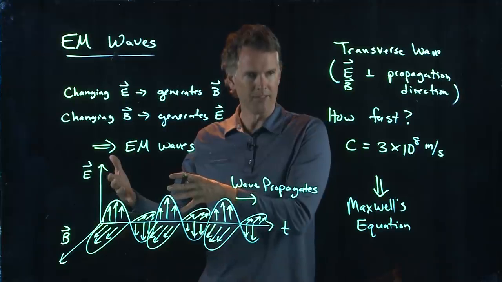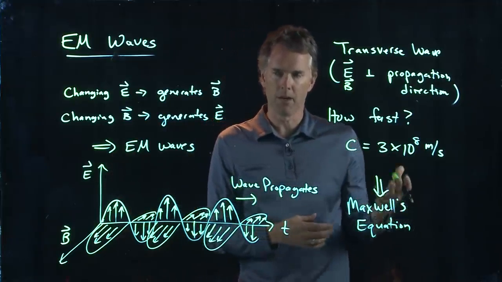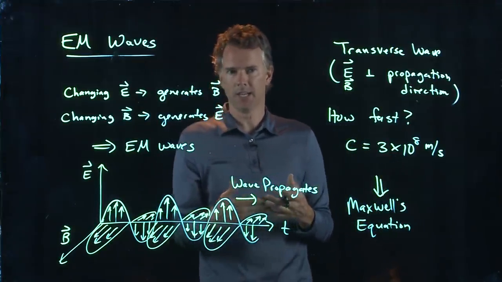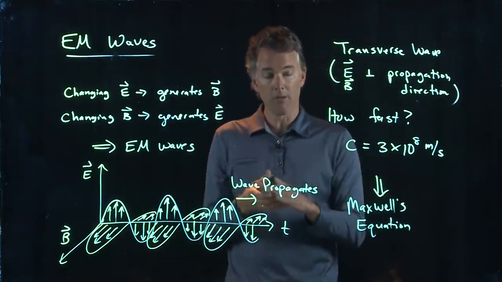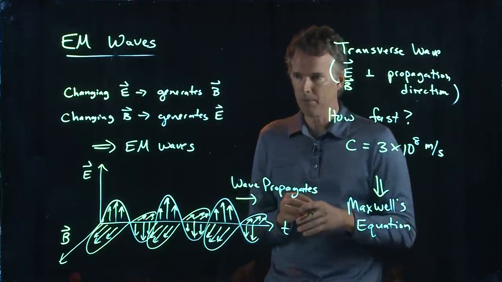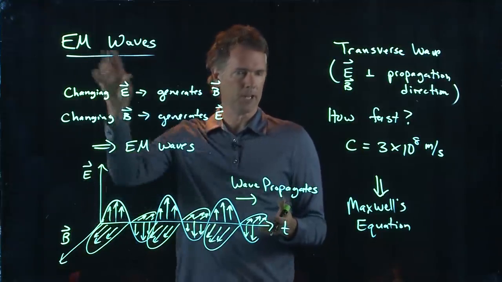Electricity was governed by things like Coulomb's law. Magnetism was governed by things called Ampere's law. Faraday's law started to tie those two together, but it wasn't until Maxwell came along and combined all of those things into one quantity that we ended up knowing that light itself is made up of electromagnetic waves.